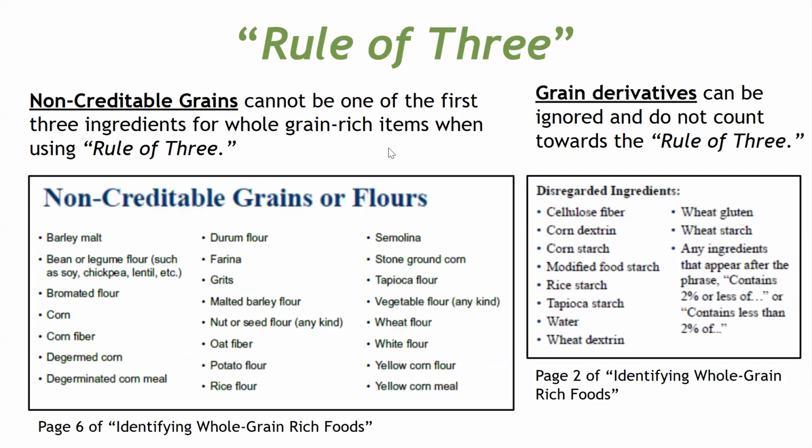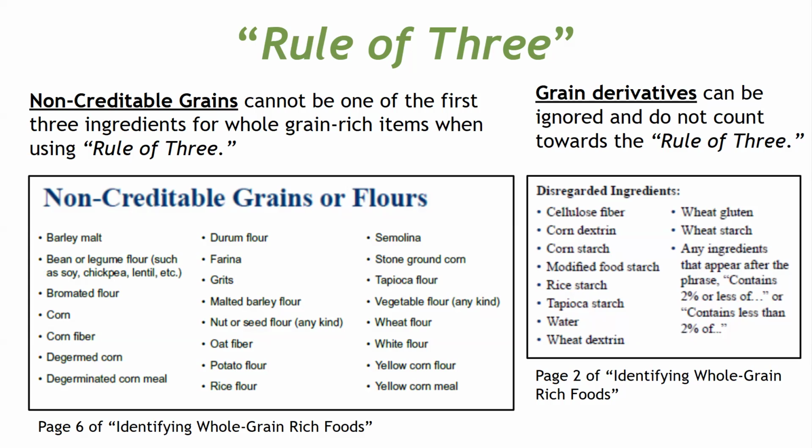For the rule of 3, a non-creditable grain cannot be one of the first 3 grain ingredients. And the non-creditable grains and flours are listed on page 6 of the resource and include barley malt, corn fiber, degermed corn, farina, malted barley flour, oat fiber, potato flour, rice flour, semolina flour.